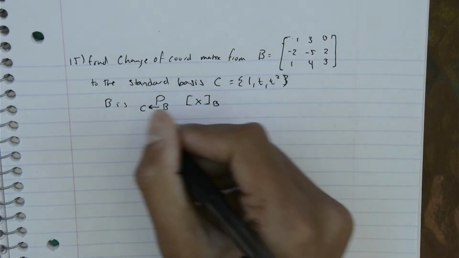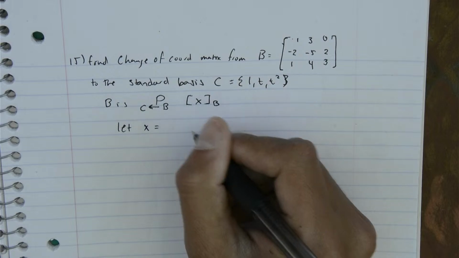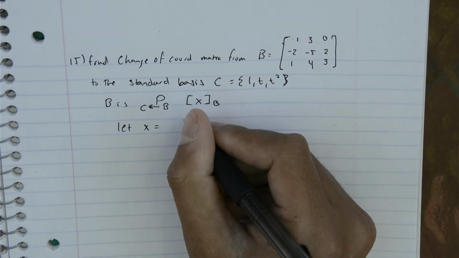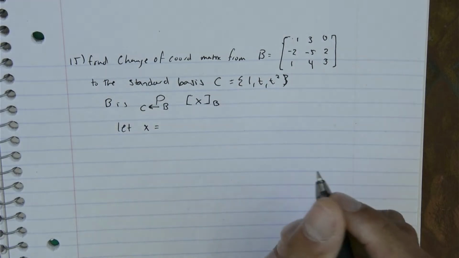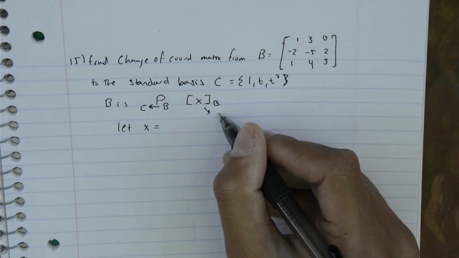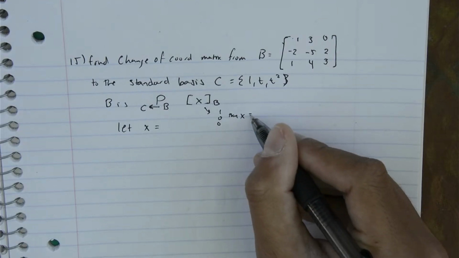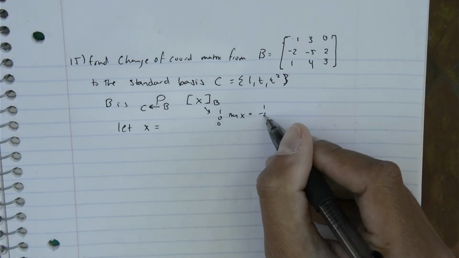Or rather, actually, let's say x equal, what am I trying to say? If this is 1, 0, 0, then x equals 1, minus 2, 1.